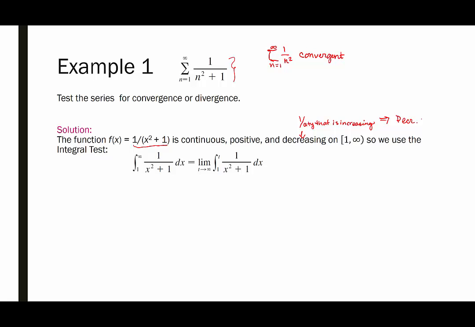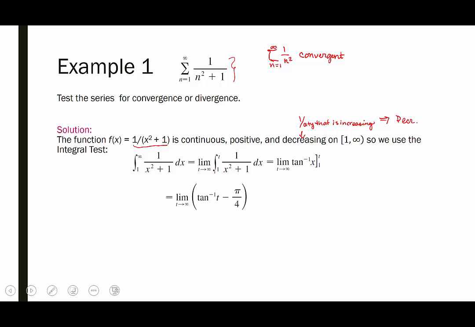So we're going to evaluate the improper integral of this function, and that means take the limit as t approaches infinity of the integral from 1 to t of 1 over x squared plus 1 dx. 1 over x squared plus 1 is the derivative of the inverse tangent function, arctan. Therefore, when we evaluate this integral, we're really evaluating arctangent from 1 to t, and we're going to take the limit of that.